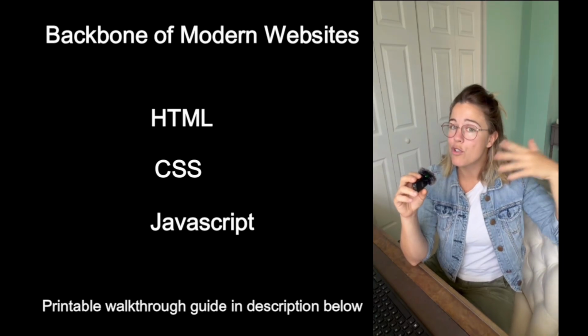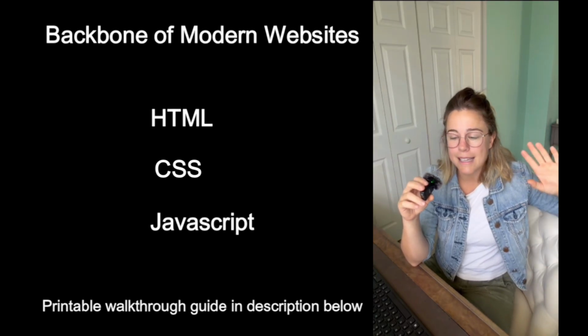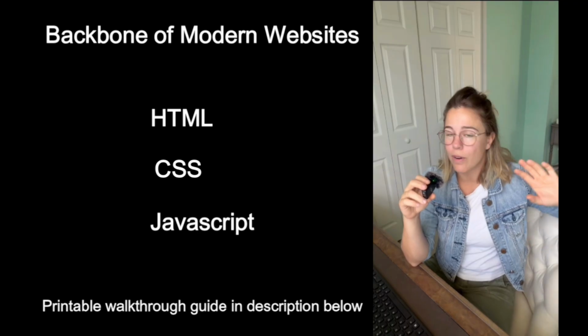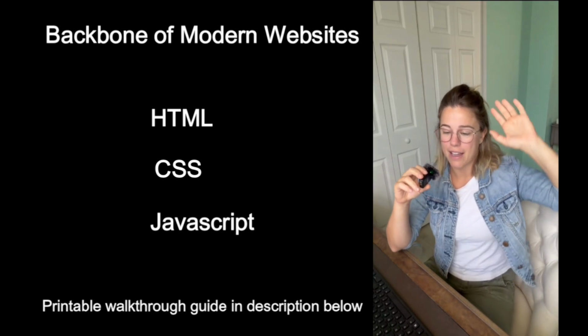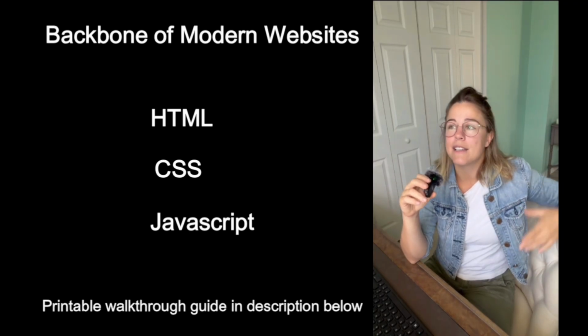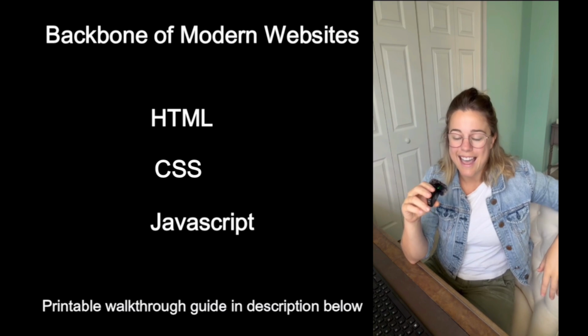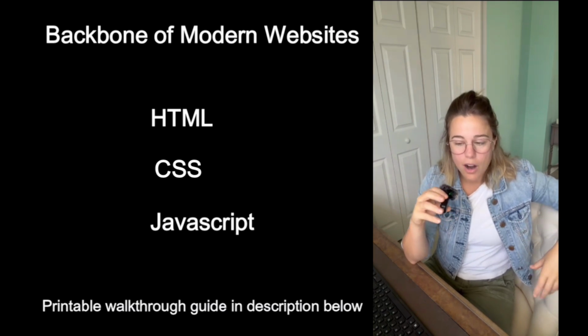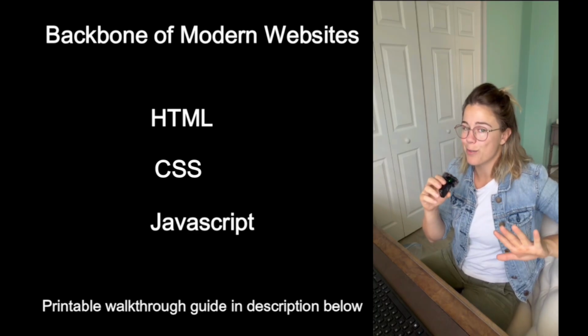JavaScript helps with movement, animation, making things look pretty cool. HTML is the data that's on your page, the words, the text, the way if you have a heading or subtext or a paragraph. CSS gives you also flair. It gives you color, it gives you boldness, and all three of these together are what paint our websites today on the front end. This is only front end.